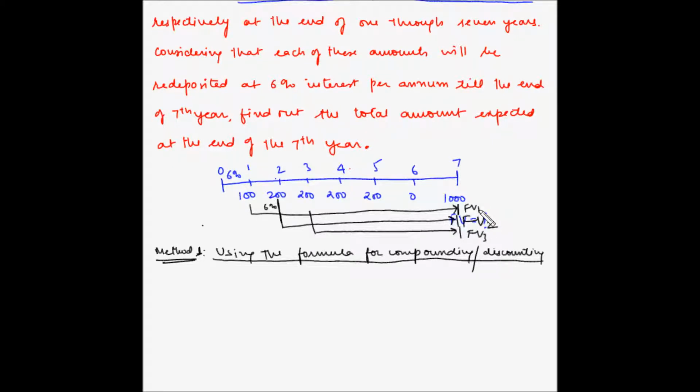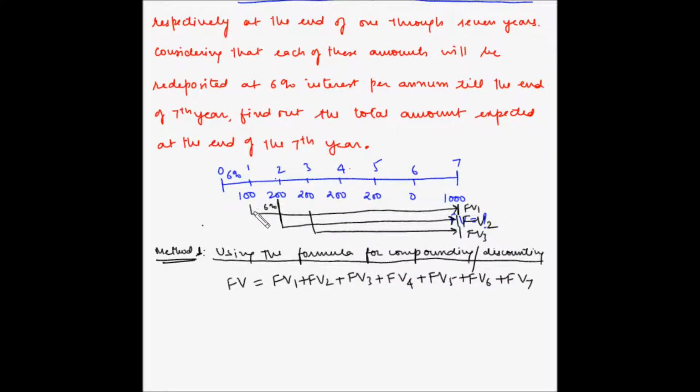And all these FV1, FV2, FV3 and so on will add up to the future value of this cash flow. So future value will be equal to FV1 plus FV2 plus FV3 plus FV4 plus FV5 plus FV6 plus FV7.